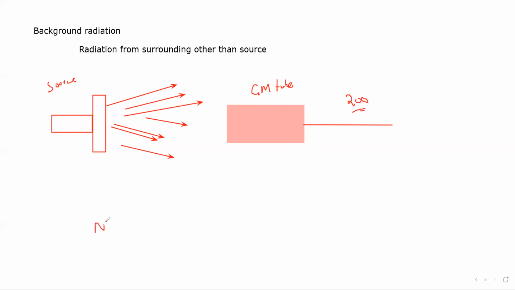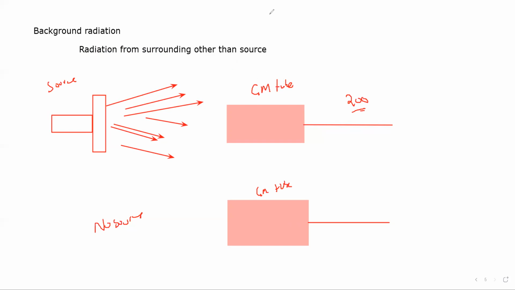But if I remove the source, there is no source, and I place the detector in a room where I don't have any radioactive source, what should be the reading on the GM tube? It should be 0, but practically it will not be 0. Why will it not be 0?